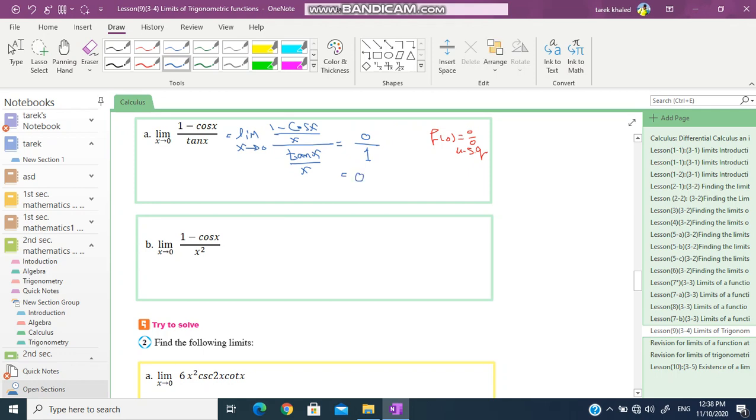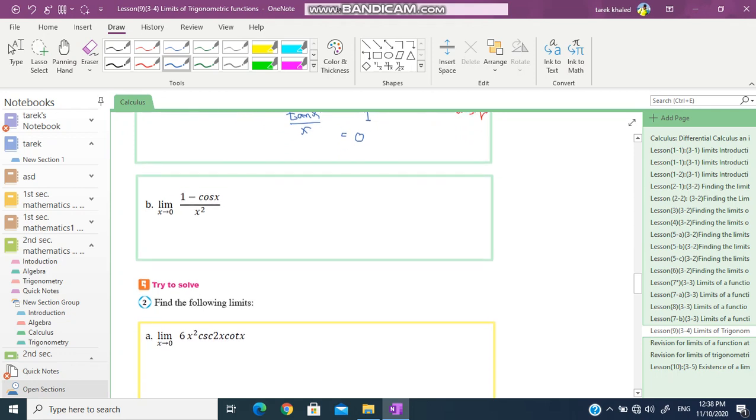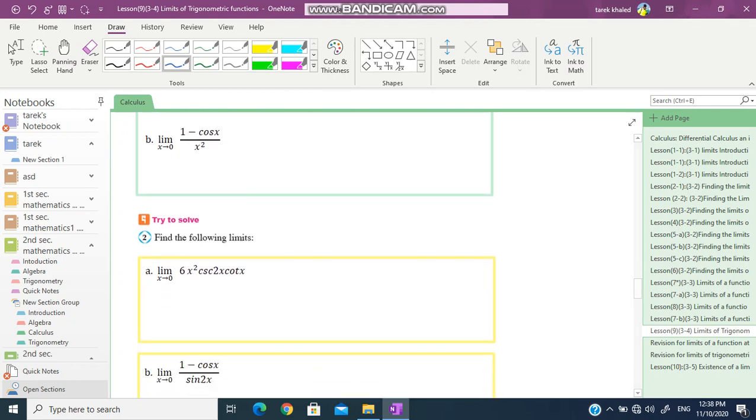The next one: 1 minus cosine x over x squared. f of 0 equals 1 minus cosine 0 over 0 squared, which is 0 over 0, an unspecified quantity.